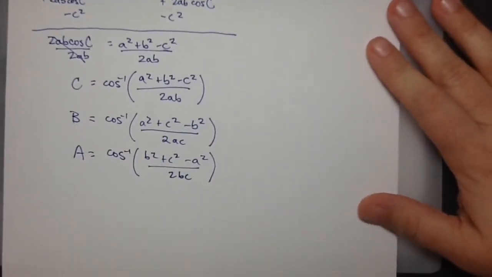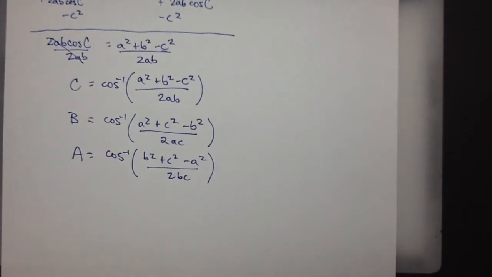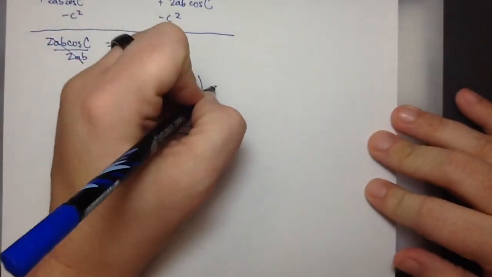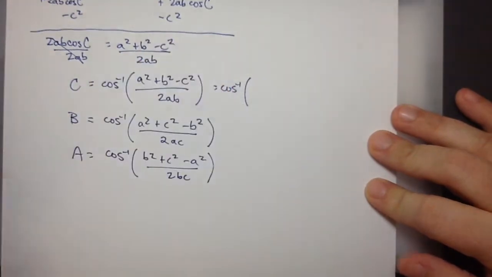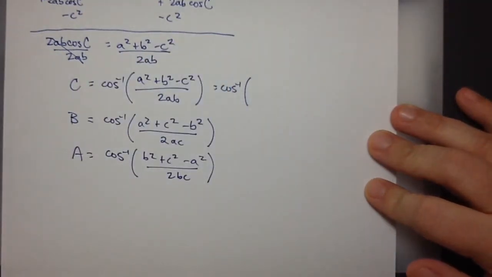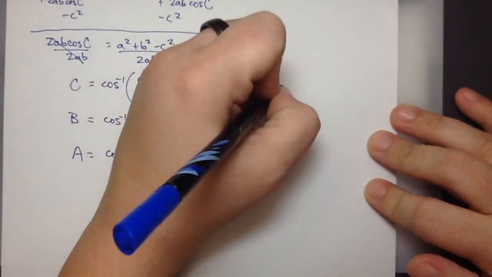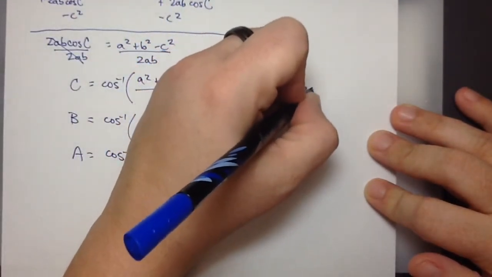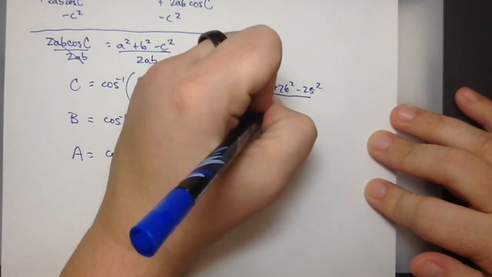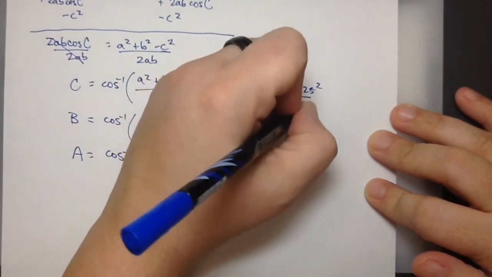All right, so now all that's left is substituting in values. So we have the inverse cosine of 22 squared plus 26 squared minus 25 squared all over 2 times 22 times 26.